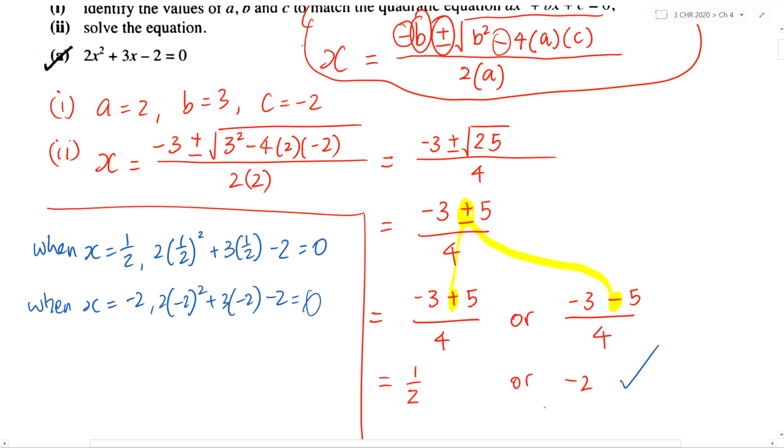Okay, I will write down this formula on the board so we can keep on referring to it. It must be of this form: ax squared plus bx plus c equals to 0. This must be the quadratic equation that you start with.